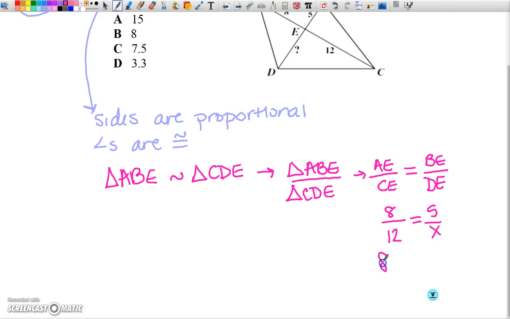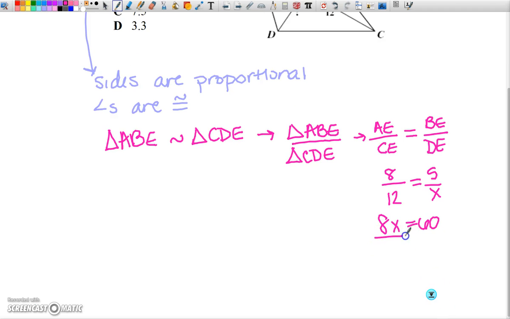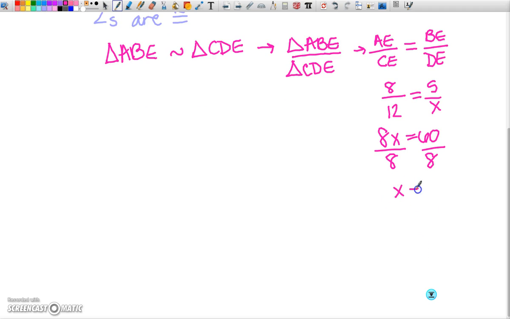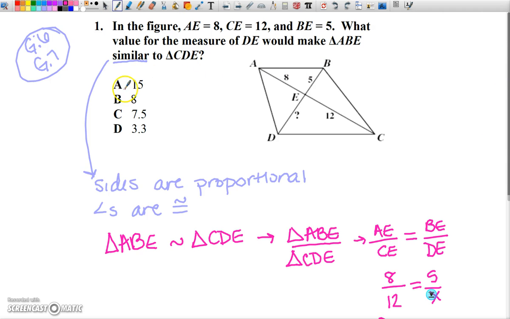Cross multiply to get 8x equals 60, and then divide by 8 to get that x is 7.5. And so when you go back up here and look at the answer choices, there is your answer, C.